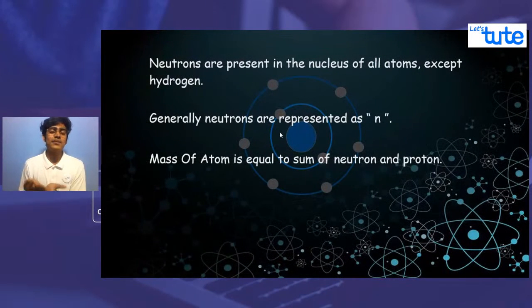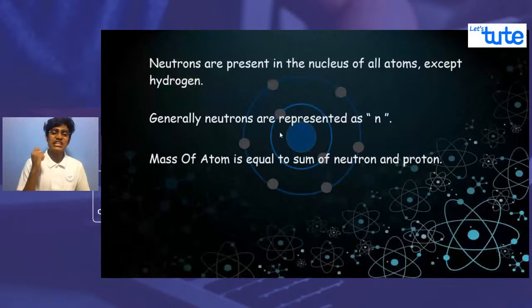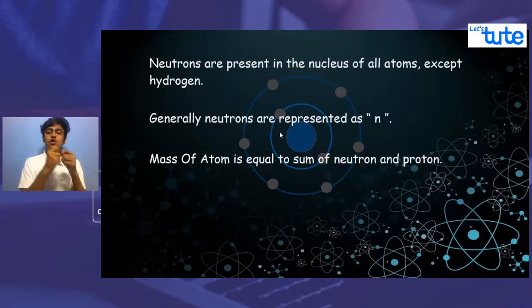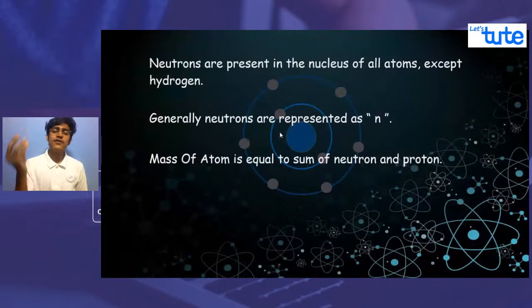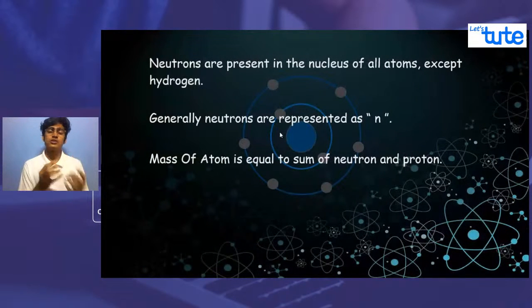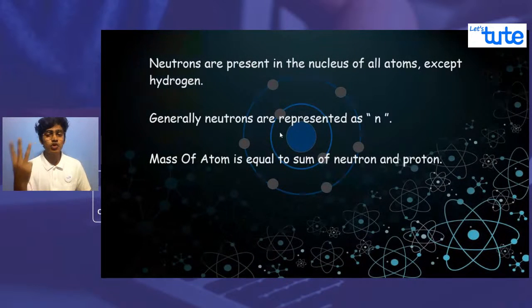Mass of an atom is called atomic mass, but mass of an atom is actually equal to the sum of neutrons and protons. So if we have an atom, it will weigh exactly equal to the sum of neutrons and protons. But a question should come to your mind: we have three subatomic particles in an atom. We have electron, we have proton, we have neutron.